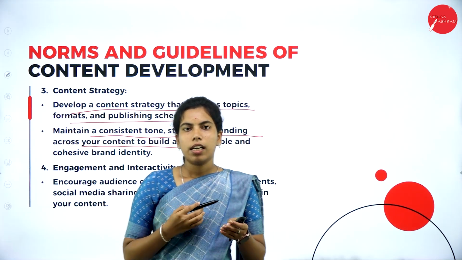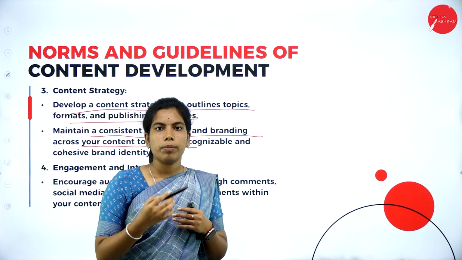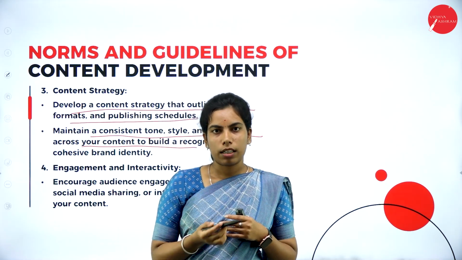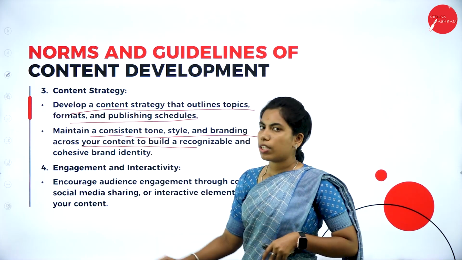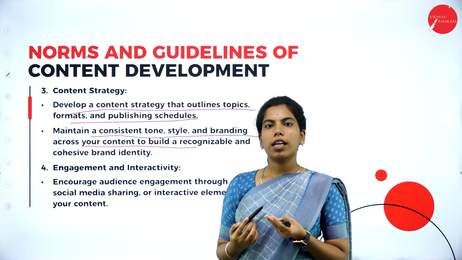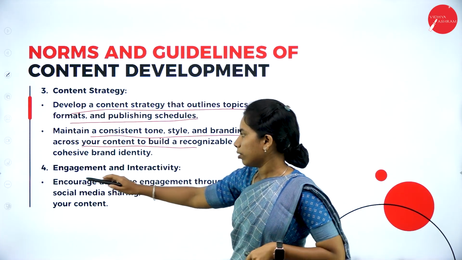Daily transactions, right? If a bank is not available to the customers, the customers will not like it. That is why we have to use a content strategy. What else can we do to attract the customers or the end users, right? That is what a content strategy is.